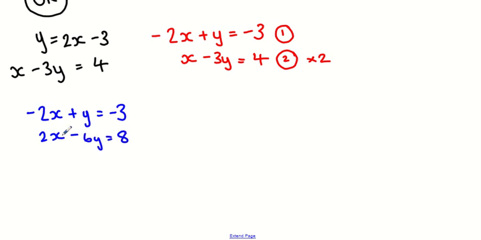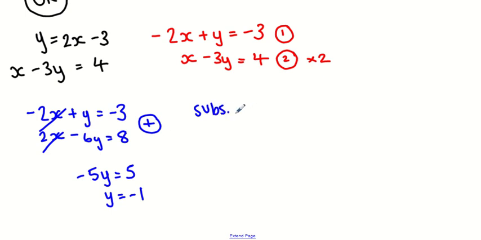To eliminate the x's, I will need to add -2 plus 2 to get 0. 1 plus -6 is -5. -3 plus 8 is 5. So y is -1.